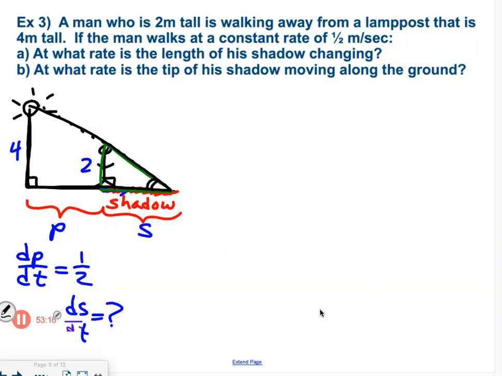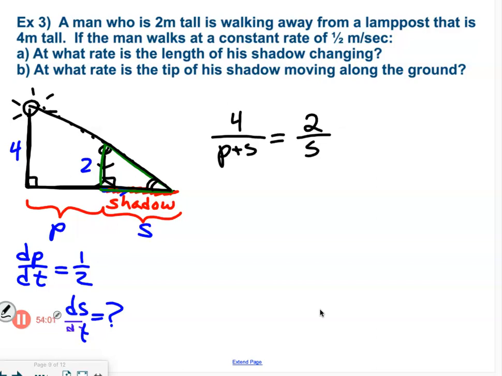Okay. When we have similar triangles, their sides are proportional. There's a couple ways you can write the proportion. It truly doesn't matter how you write it as long as it's mathematically correct. Jennifer, since you came up with it, can you walk me through what proportion you would like to write? 4 over P plus S equals 2 over S. What she's saying is the big side of the big triangle to the big bottom of the big triangle is proportional to the corresponding sides on the little triangle.